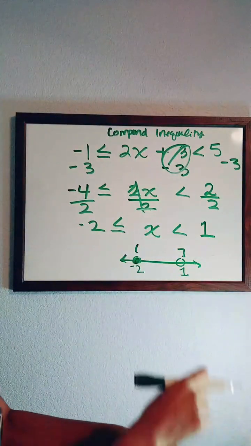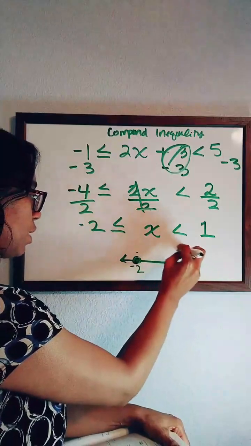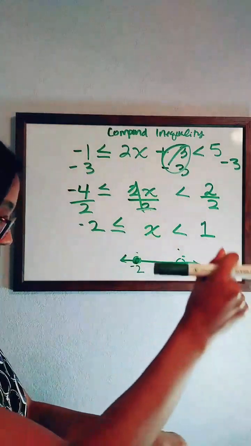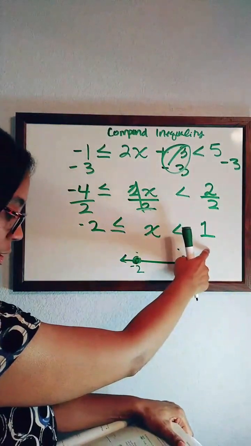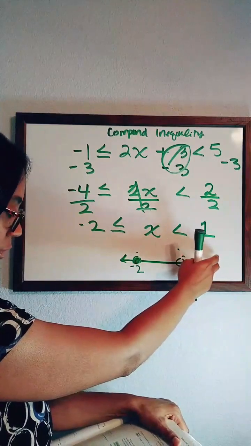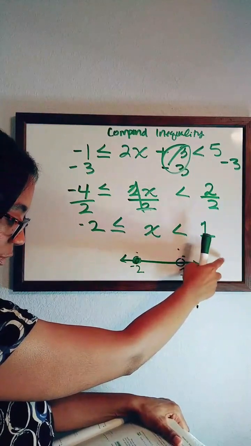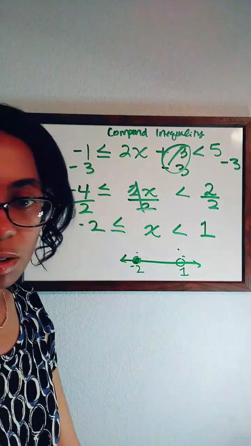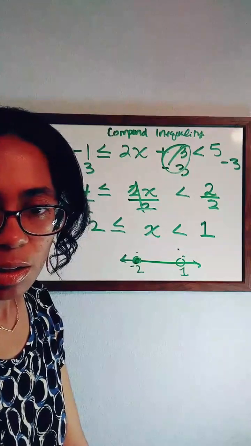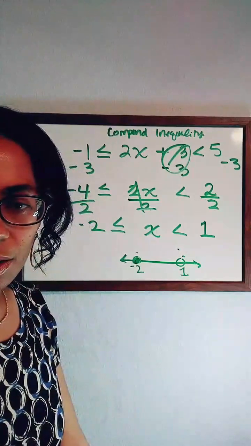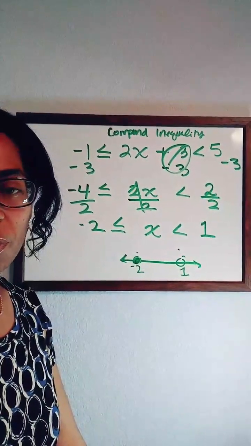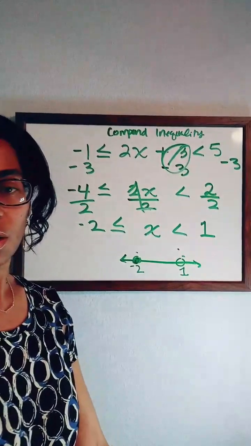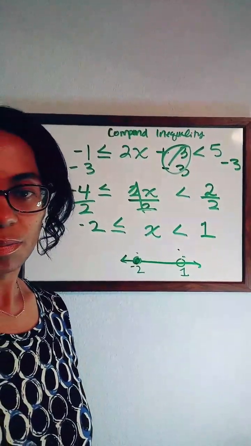I lied. Did we do this right? Oh, I did that all wrong. So no, open means that it's included and closed means it's not included. Yeah. Open doesn't have an equal sign.